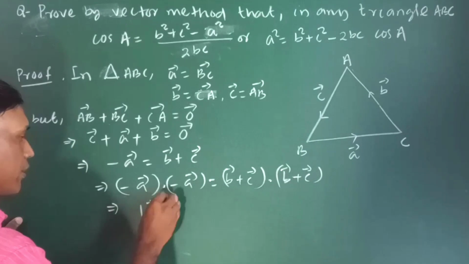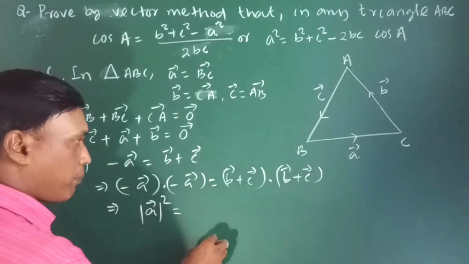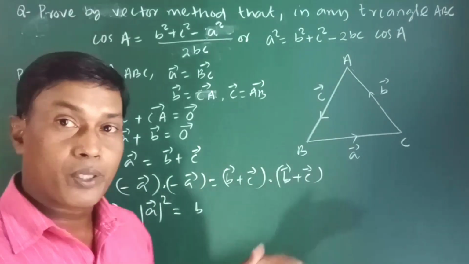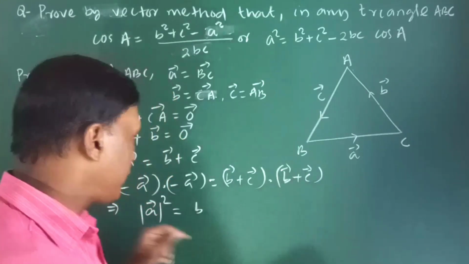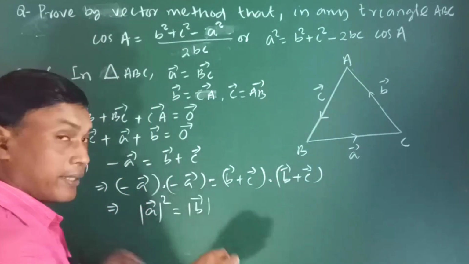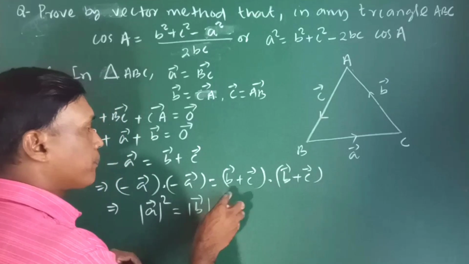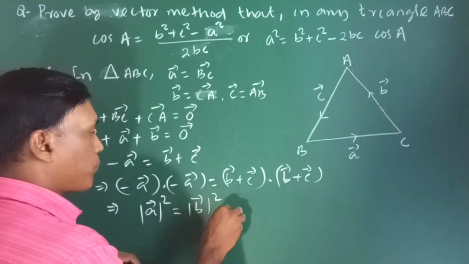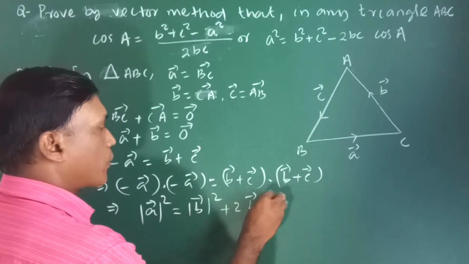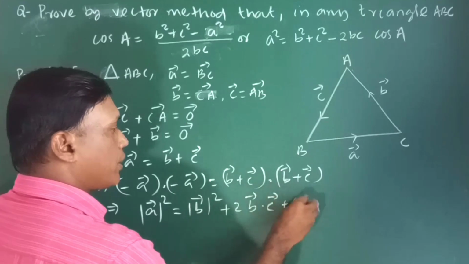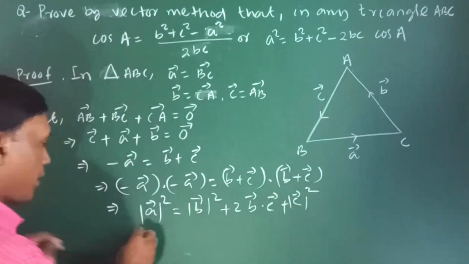If we multiply this, we have already proved the formula for a plus b dot a plus b, so we can show this as the square of the magnitude of b, plus 2 into b dot c, plus c dot c, which is the magnitude of c square.